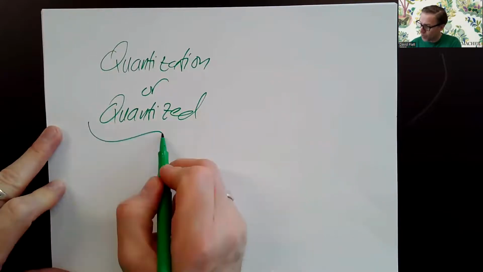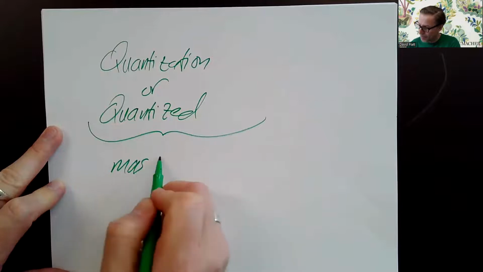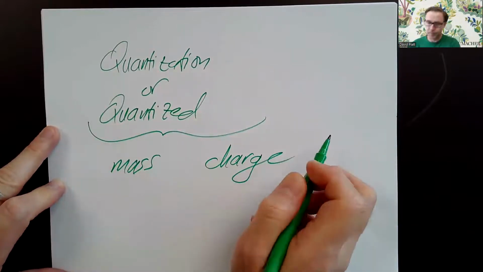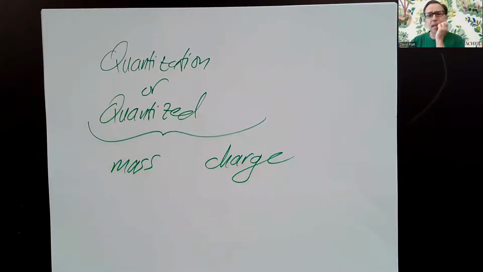In physics, what's quantized is mass and charge. And it might seem like, when you're weighing out crystals in your chemistry lab, that you can have any mass you want. But remember, those crystals are made of atoms. So if you get really small, if I'm talking about carbon, I can have 1 carbon atom or 2 carbon atoms or 3 carbon atoms.